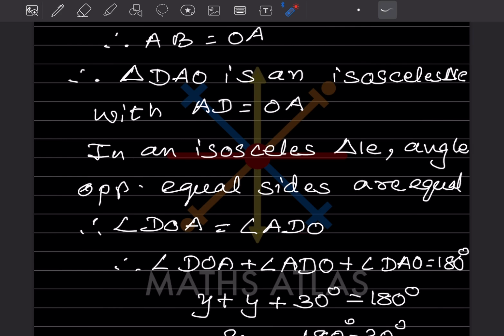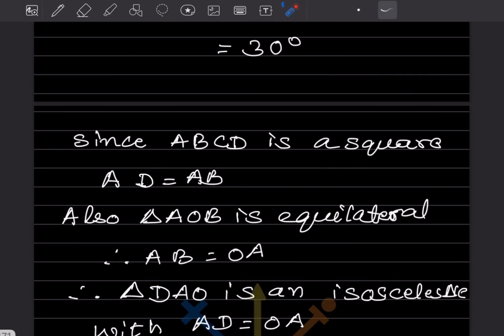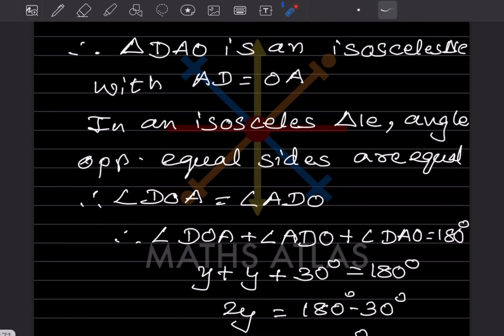So angle DOA plus angle ADO plus angle DAO is 180. DOA is going to be y, and ADO is also y.